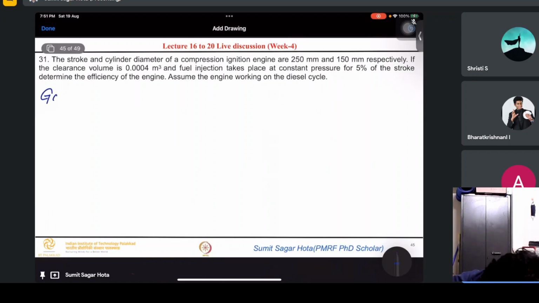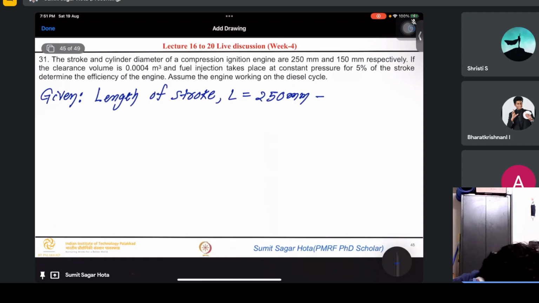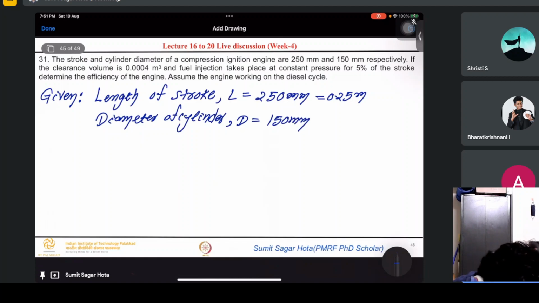What are the things given? Cylinder 250 mm. Okay, length of the stroke is L equal to 250 mm, 0.25 meter.